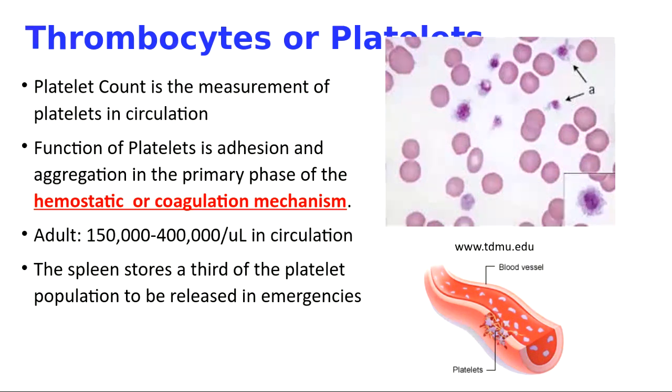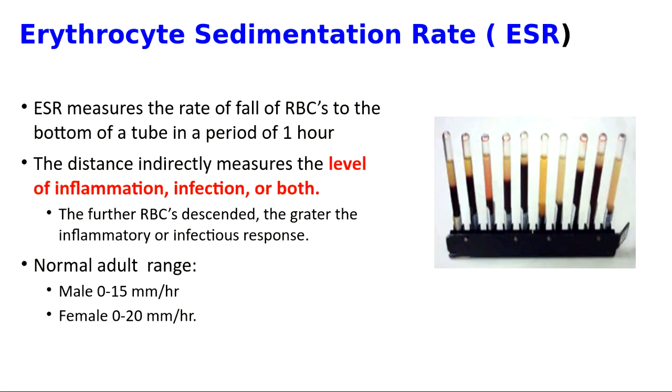So if there's hemorrhaging, if the patient has just had surgery or has trauma, and there's blood leaving the circulatory system, then the platelets will be released from the spleen so that they can get into circulation, go to the site of injury, and make a platelet plug to try to prevent the blood from leaving the circulatory system. So they are pretty amazing, but we have a lot of information coming in the next unit.